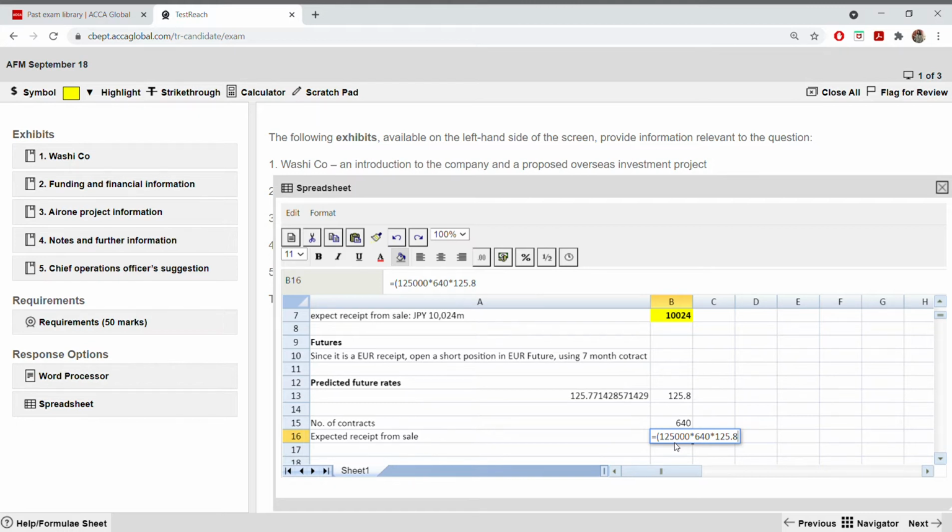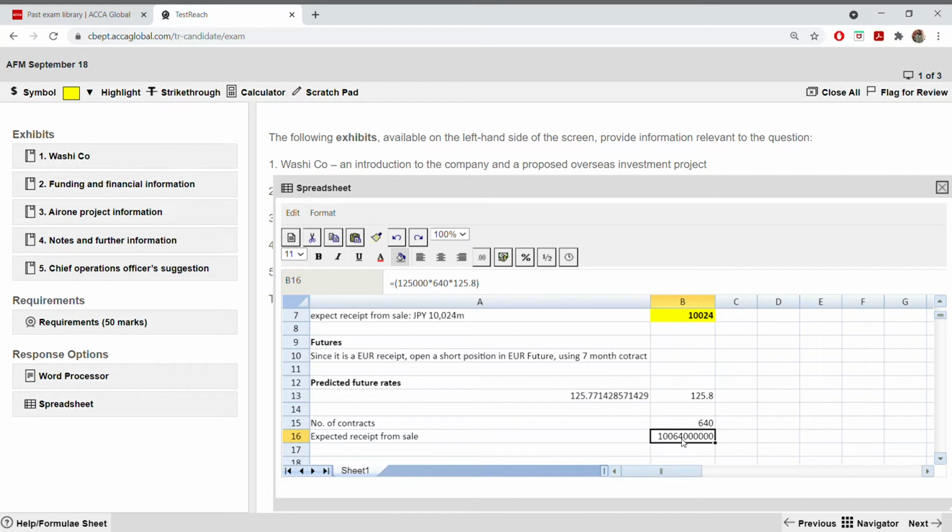Enter. Don't forget to extend this, this is in millions. 10,064 million.